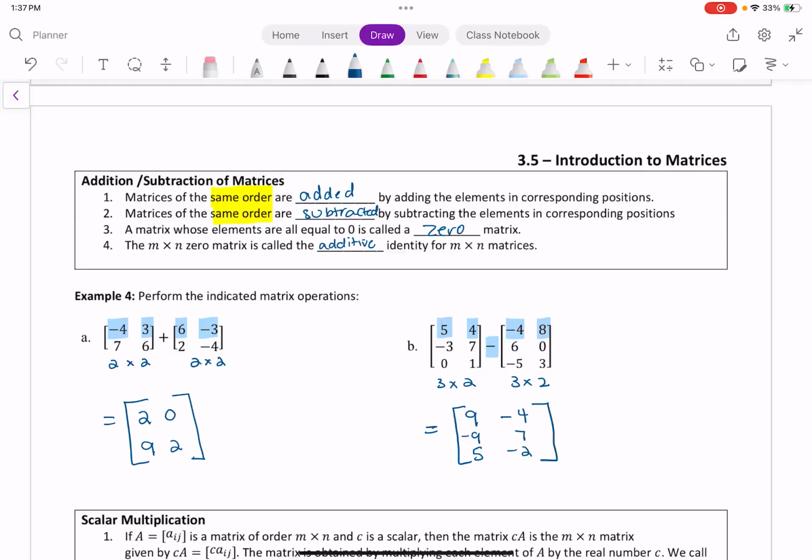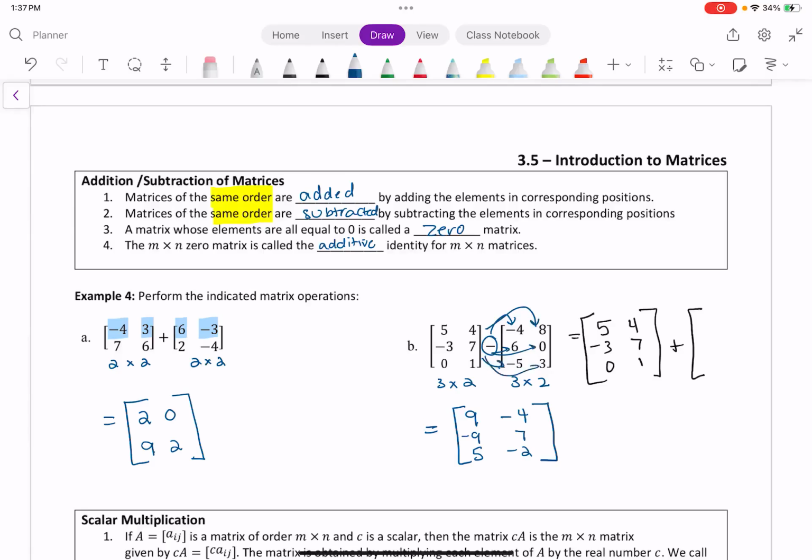A different way you can do this, if you felt a little overwhelmed by the negative, is that we can distribute the negative. So we can rewrite the second matrix. And so instead of me saying 5 minus -4, I can distribute this negative into each and every element.